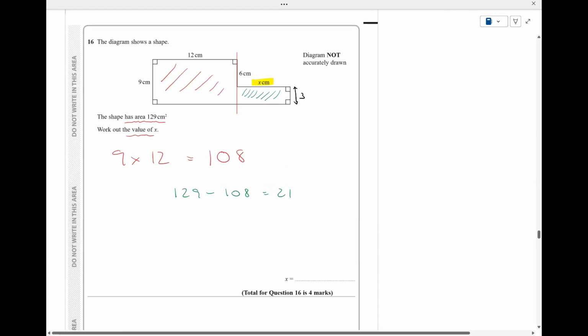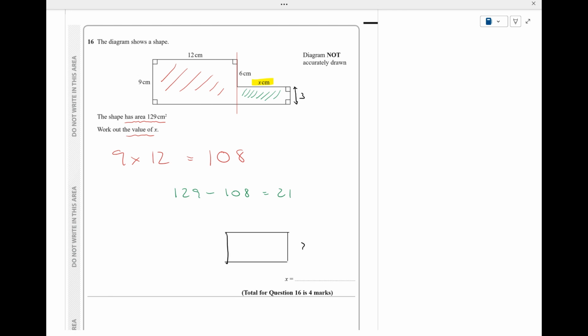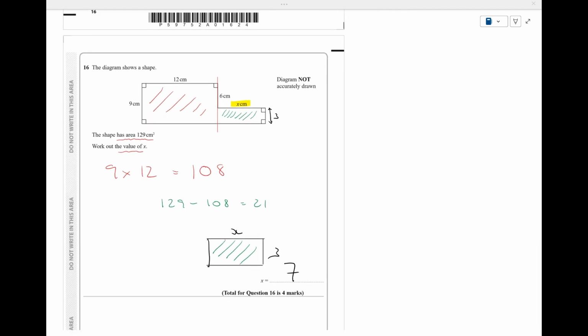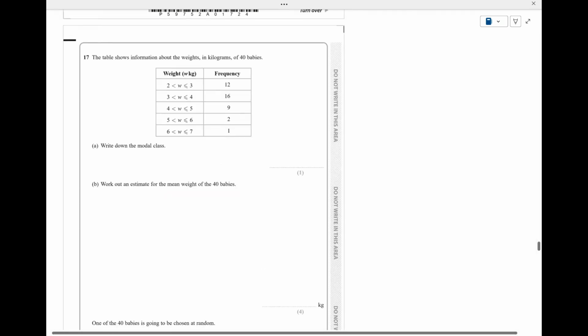This rectangle, which measures x long and 3 high, it's got an area of 21. The area is 21, so that must be, x must be 7, mustn't it? Because 7 threes are 21. And that's question 16.